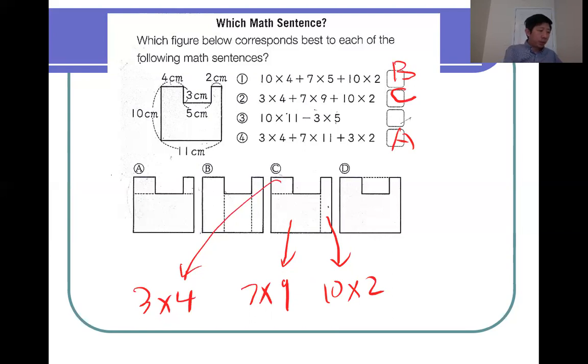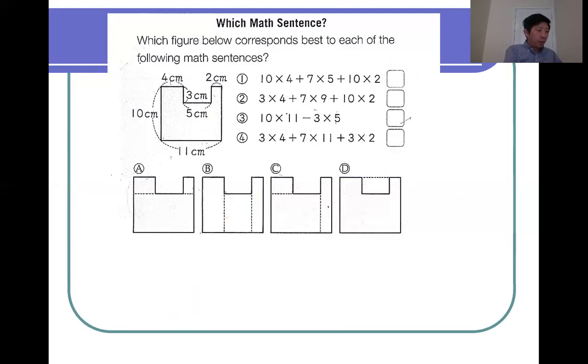And then the last one for this one, how we finding out this? We take out the whole and minus this, right? So therefore, we take the whole of this, which is 10 by 11, right?